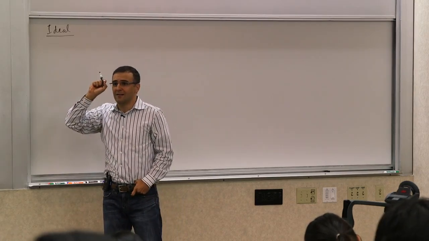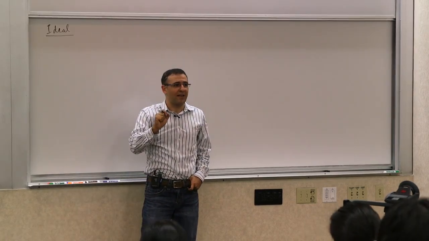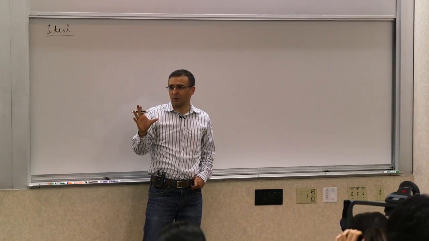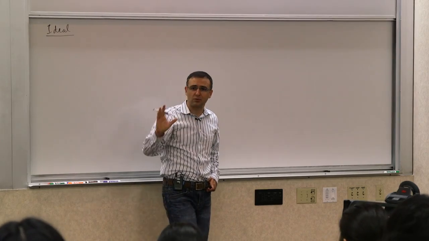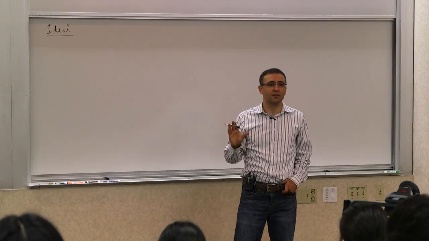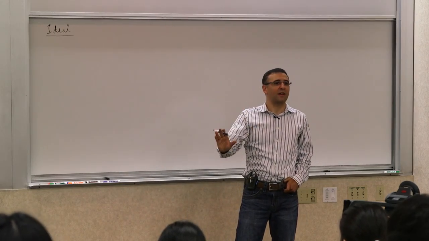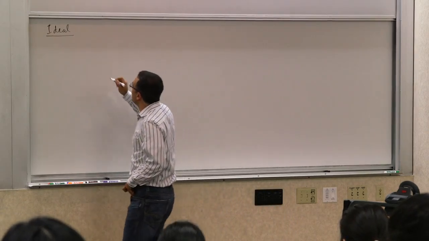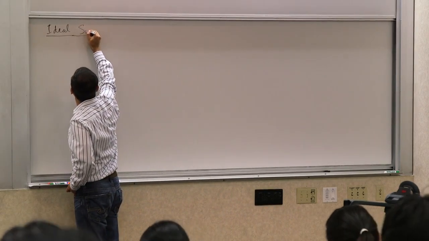So it's essential that everything I say makes sense to you and you are comfortable with it. If you're not, absolutely feel free to stop me as many times as you want. I would be very happy to answer those questions.